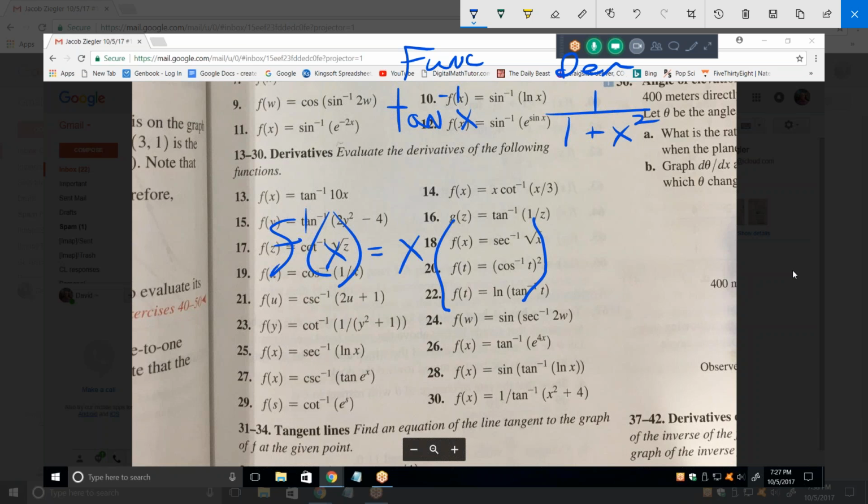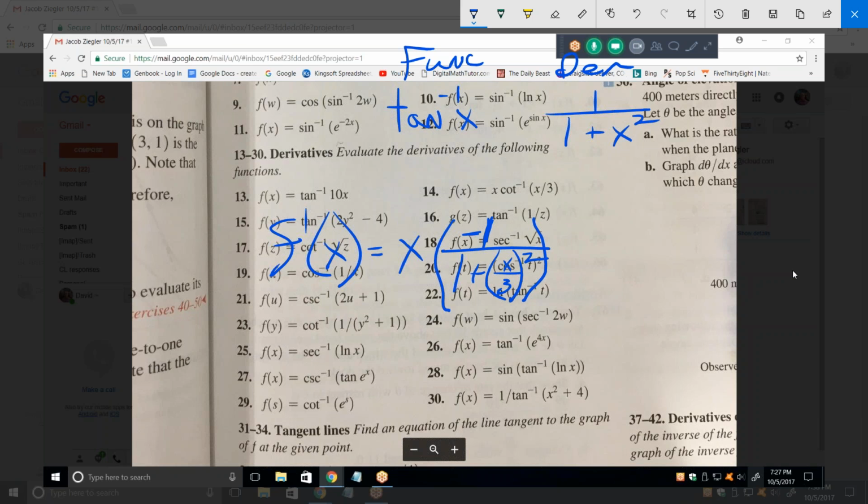It's 1 over minus 1? Yeah. Over 1 plus x divided by 3 squared. Okay.